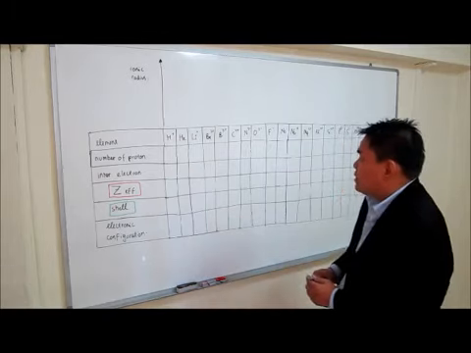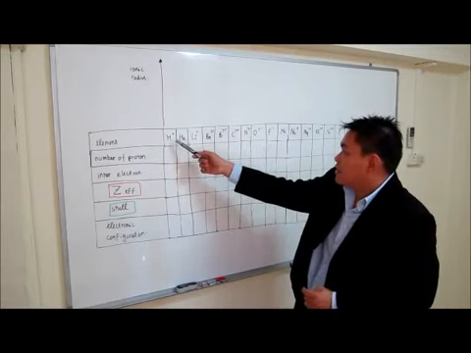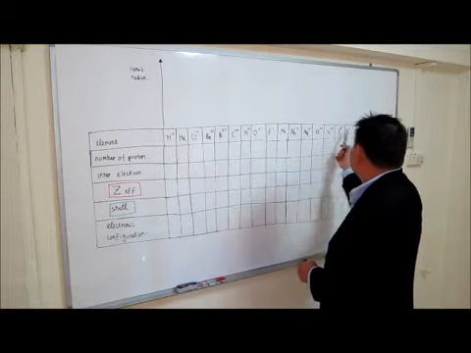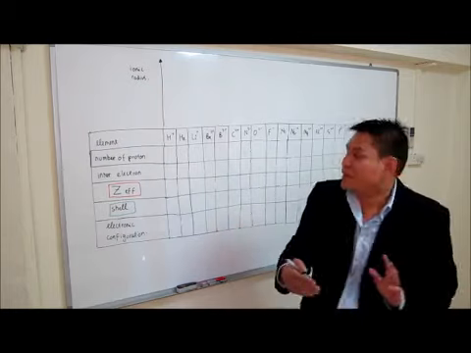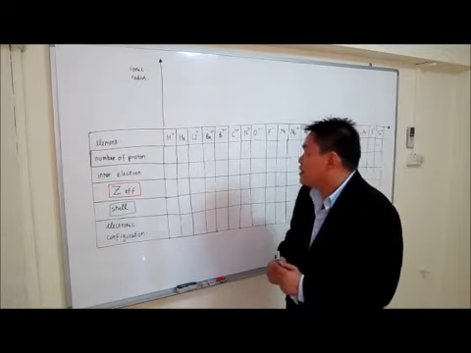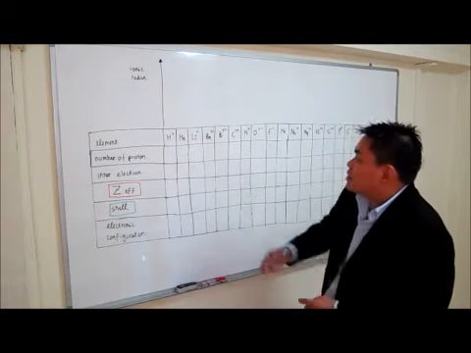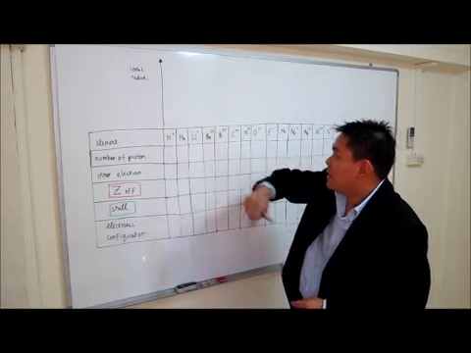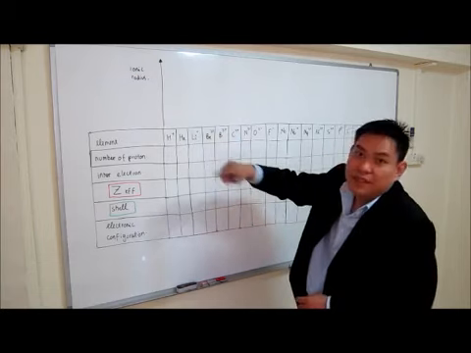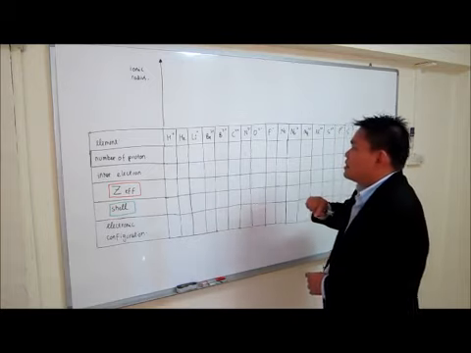The first step that you need to do is filling up the name of the elements. I already filled up all this; I left it empty. You might need to check your periodic table to be able to do that. And don't forget to put the charges, because we are drawing the ionic radius. So we need to write down the charges of all the elements here.